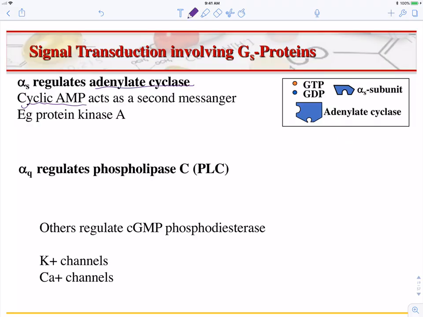One example of that is protein kinase A. So basically, cAMP regulates the activity of protein kinase A. Alpha Q regulates phospholipase C, and so regulates metabolism. Other types of alpha subunits can regulate cGMP. They can also open calcium and potassium channels.